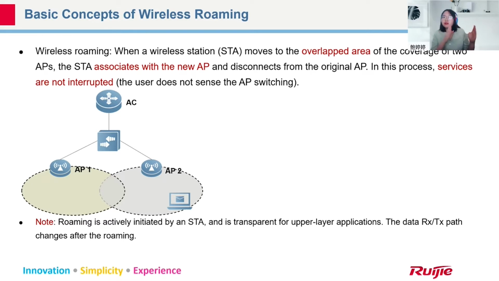If the station thinks this signal is enough to stay connected with AP1, the station will continue to use the connection with AP1, and will not choose AP2. The AP cannot decide for the station, and cannot say, please connect to me. There is no such choice.